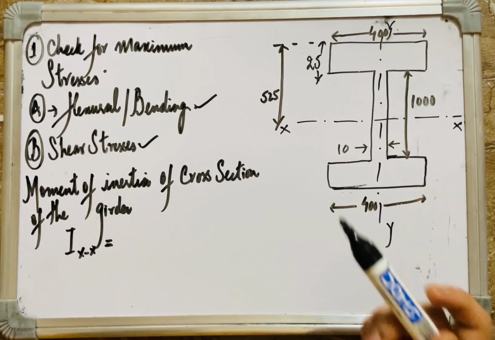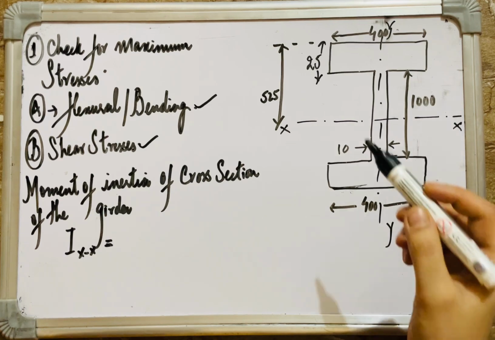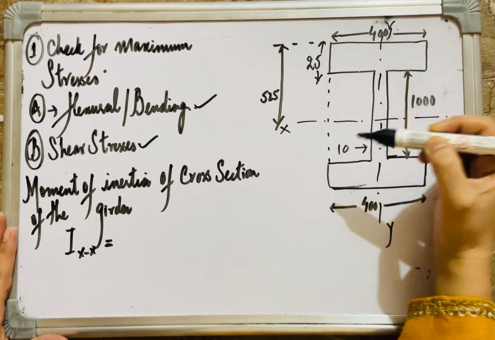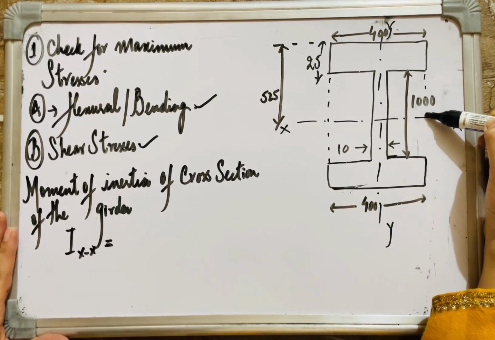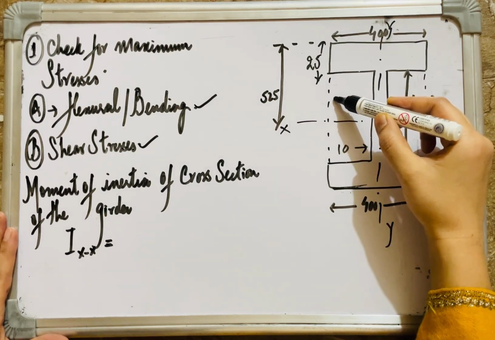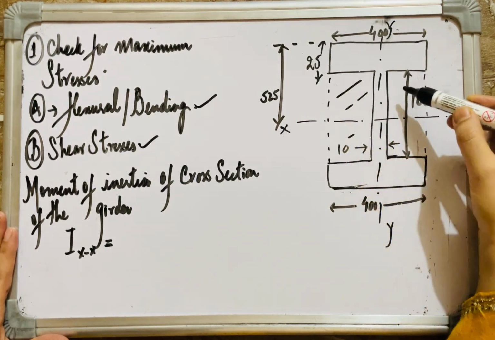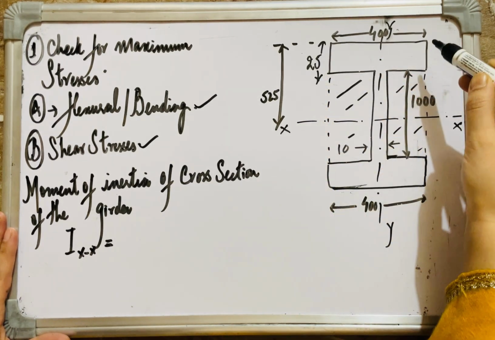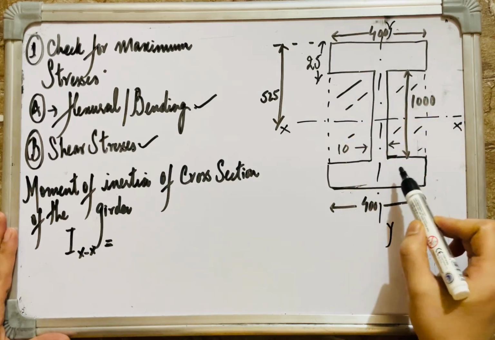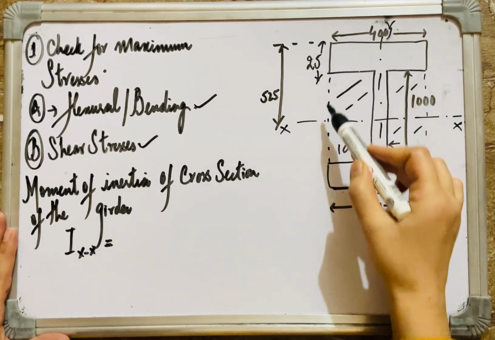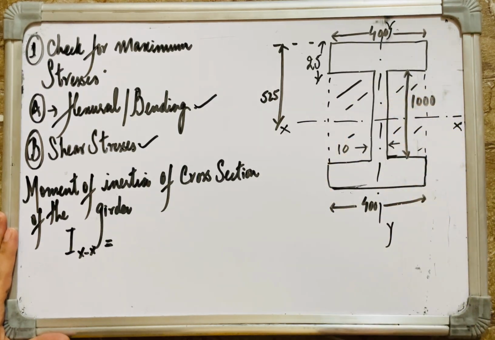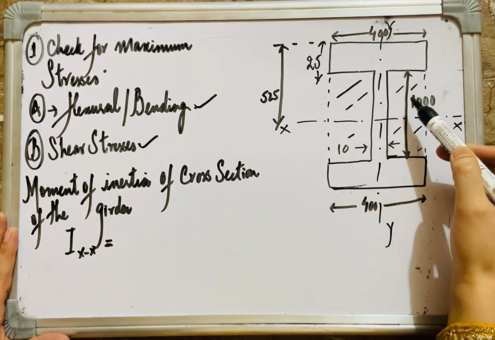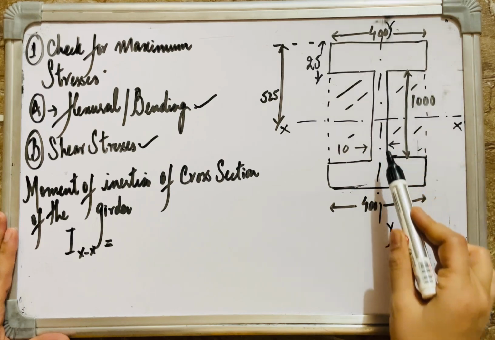For example, I'll consider this as a bigger rectangle. Please allow me to show some hatched portion over here. Consider this as an imaginary hatched area. So this is the bigger rectangle, and then this is the smaller one. If I consider this whole as the big rectangle, then if I subtract the hatched area, I can get the moment of inertia of my I section.